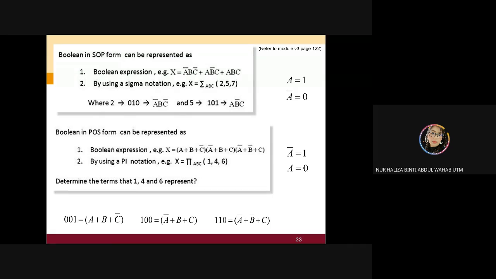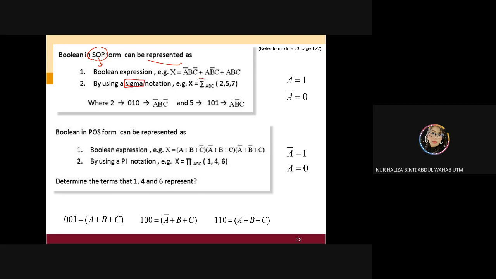So from here, when you have SOP, how can SOP be represented? Using a very short form, we use a sigma notation. It is called a sigma notation.